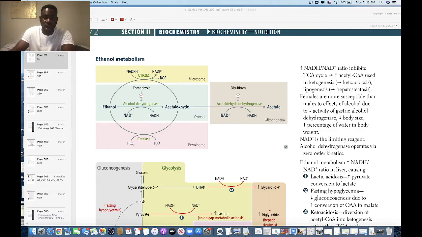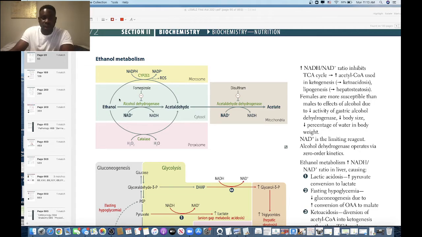But when we add hydrogen, we are reducing it. So here, NAD plus is being reduced to NADH, but ethanol is being oxidized to acetaldehyde, and this occurs in the cytosol. Take note of that. It occurs in the cytosol of the cell.